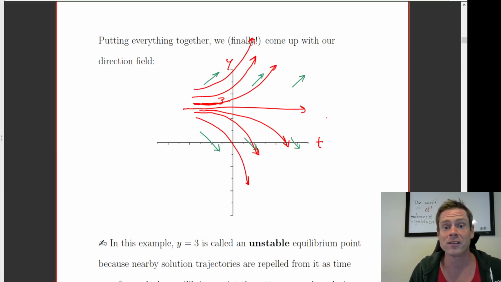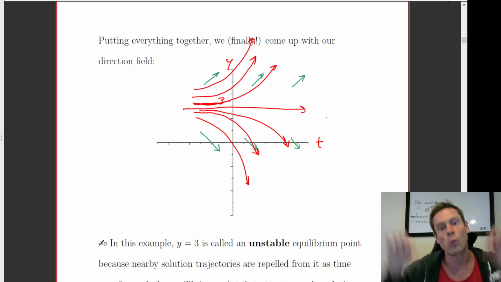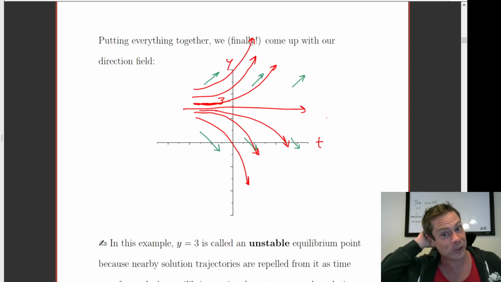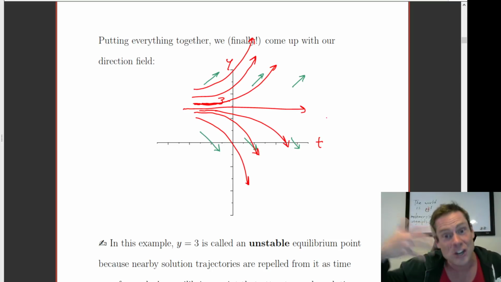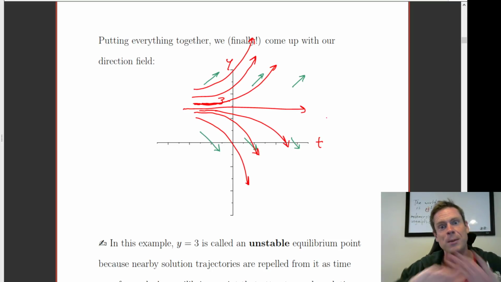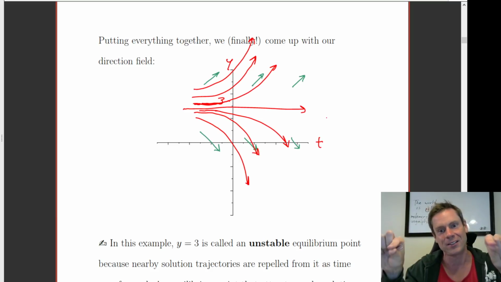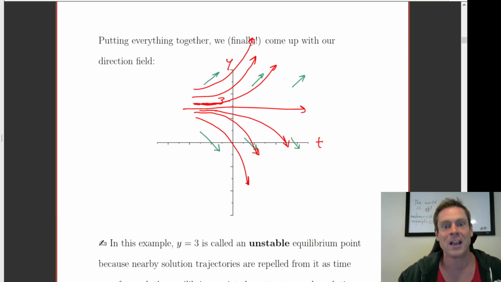Then I will want the particular solution that goes through the point 1 and 3, okay? And that's going to pick out one noodle out of this plate of spaghetti. So while the general solution to a differential equation can be thought of as a plate of spaghetti, the solution to an IVP is a single noodle from that plate of spaghetti. That's a super important concept going forward.